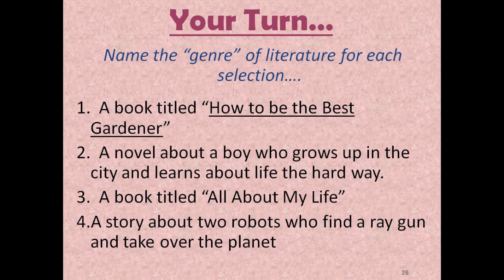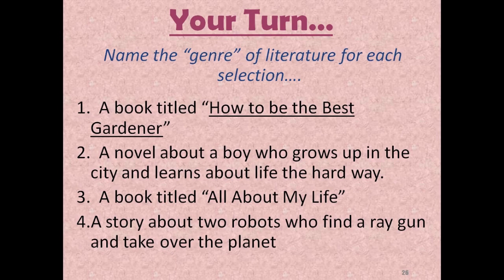Now your turn. Name the genre of literature for each selection. Number 1, a book titled How to Be the Best Gardener. You have to tell which kind of genre it is, at the end of these 8 examples, given the choices.